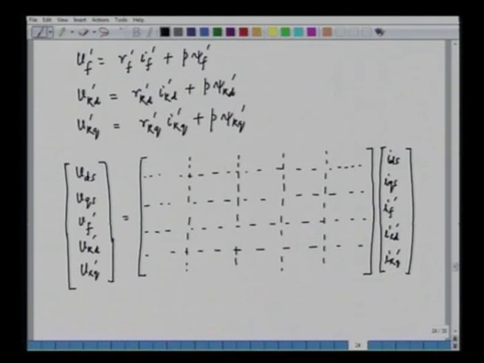Now, this is the stator resistance drop plus the self inductance drop LDS, and LDS is equal to LLS plus LMD, and we will have the coupling with the D axis rotor. It is LMD with the rotor, LMD with the D axis damper, and then we have the rotationally induced EMF.